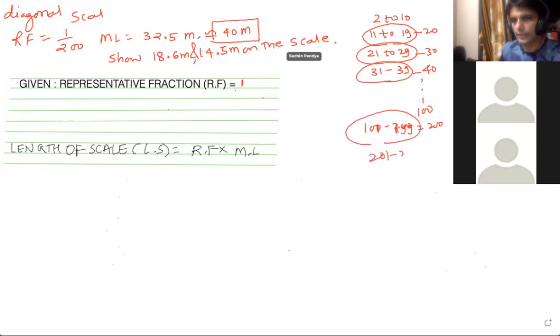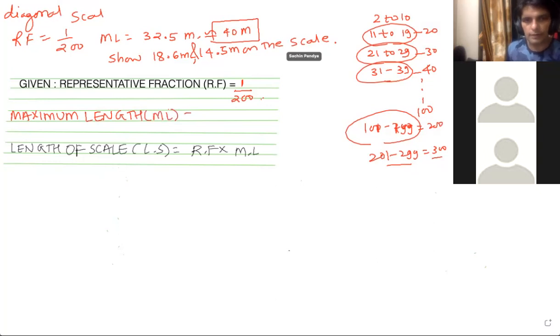201 to 299 will take till 300. So this is how we will take. So a representative fraction RF is 1 upon 200, right? What is the maximum length? I'll write maximum length, that is ML.